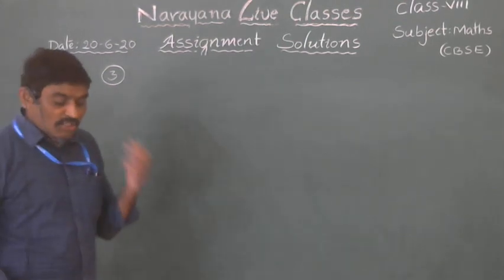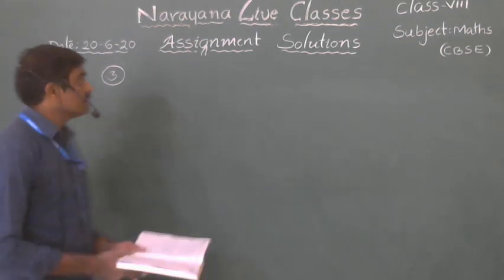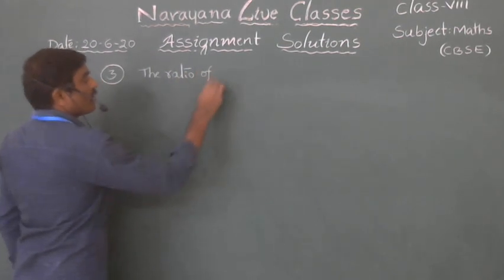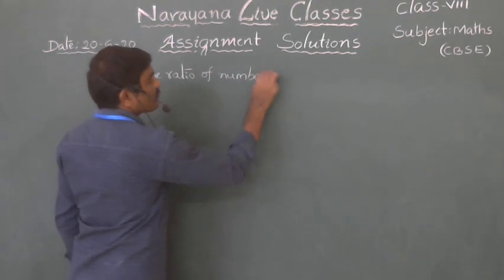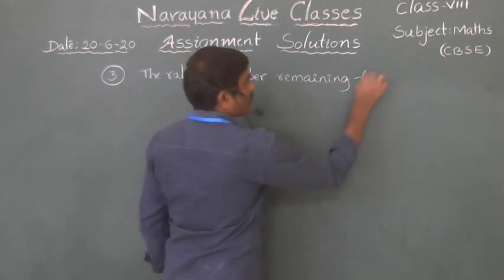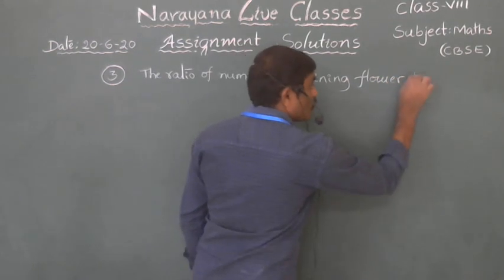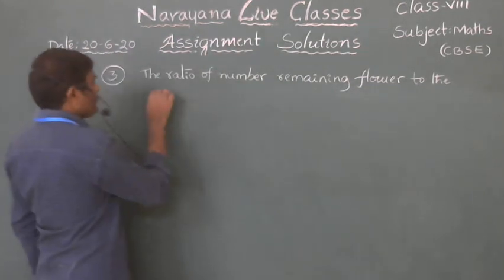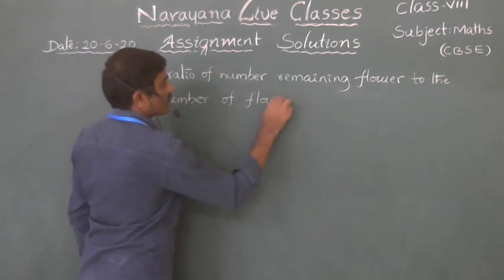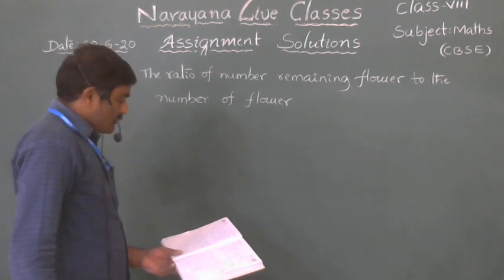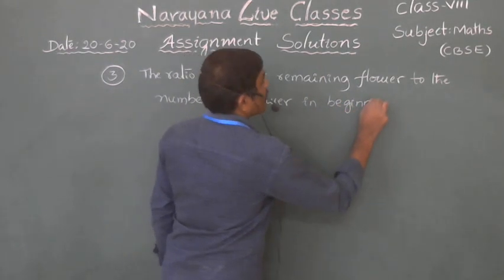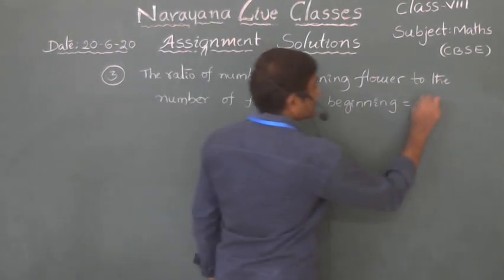Here is given the ratio of the number of remaining flowers to the number of flowers in the beginning, equal to 3:5.